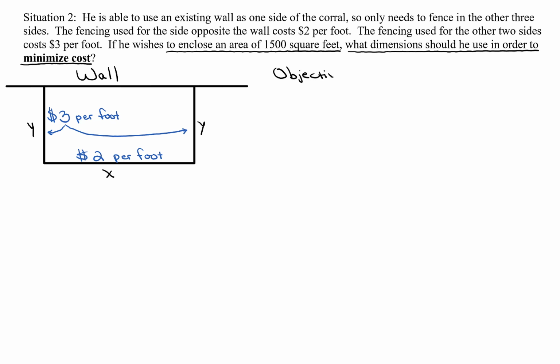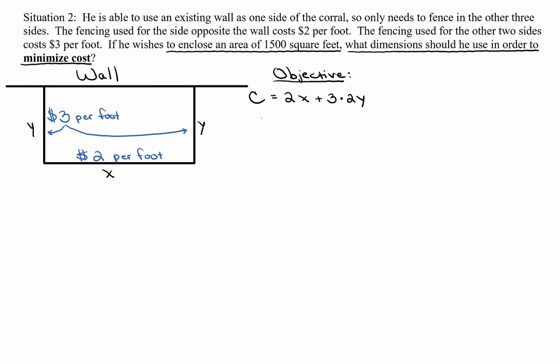Let me go ahead and write down the word objective. I'm going to underline it and write a colon right after it. Underneath it, I'm going to write the equation that represents cost. It's going to be C equals 2 times X plus 3 times 2Y.